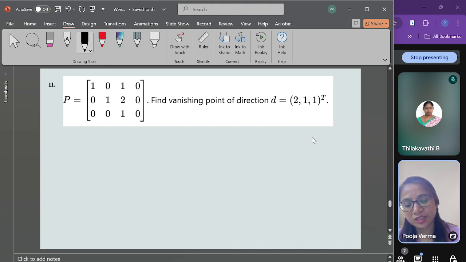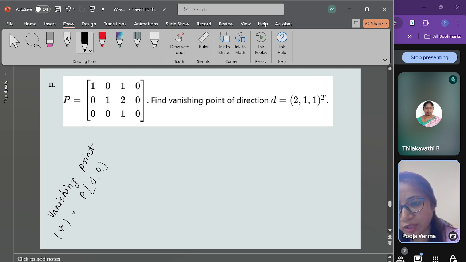So the projection matrix P is given and direction D is given. So to calculate the vanishing point, it is represented by P times D and 0. So already we know that this 0 represents the point at infinity. Already I think one question we have solved on that. Now again we have to just rewrite this projection matrix in the form of M P4.